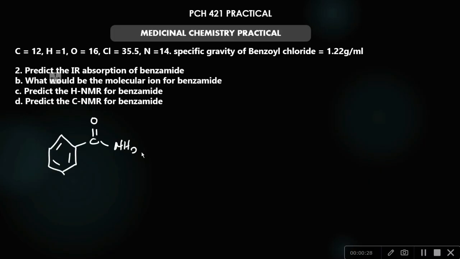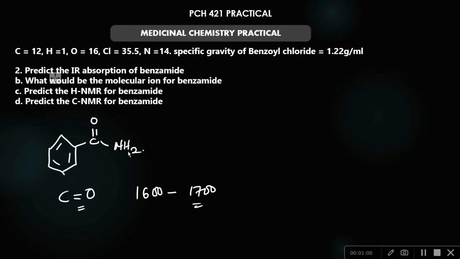This is benzamide. Now, you write IR is used to identify functional groups. Right? It is a well-known fact that the carbonyl functional group of benzamide will absorb around 1600 to 1700 within this region. Are you getting it now? So you can say that the IR absorption for the carbonyl functional group will show at 1600 to 1700.